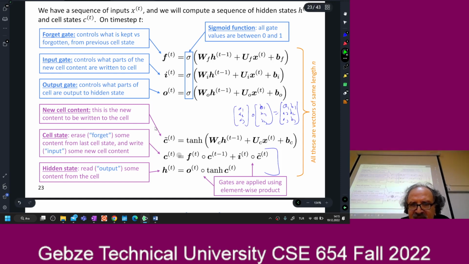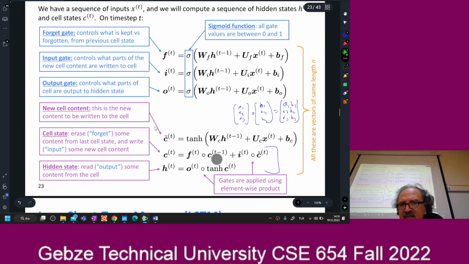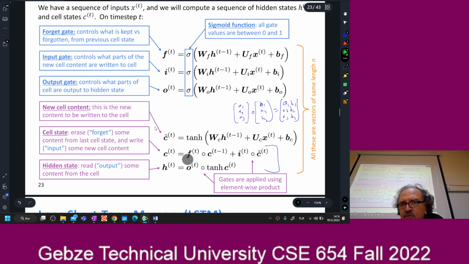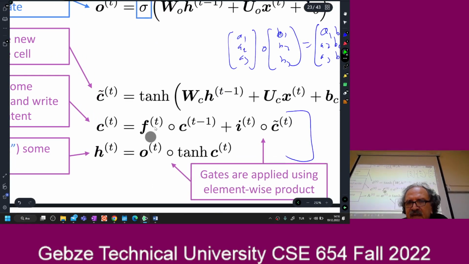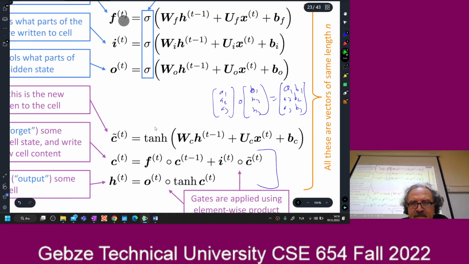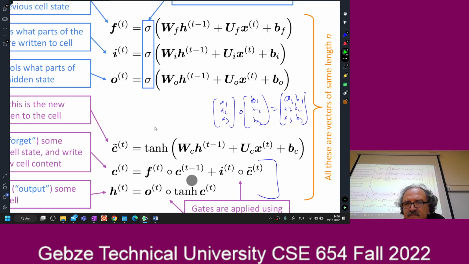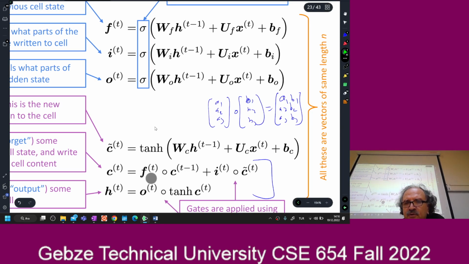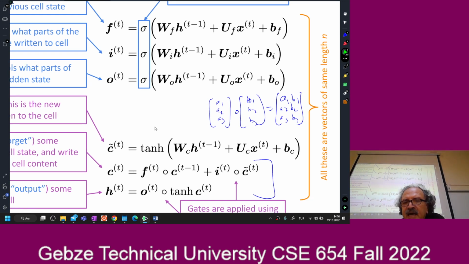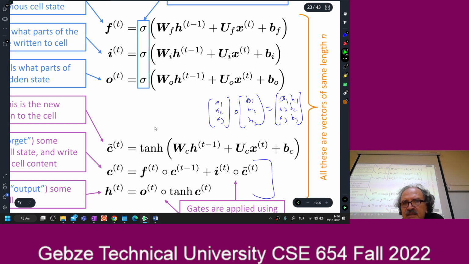And this is the cell state. What it does? Get the previous cell state. Forget what you want to forget. Okay, this is FT times CT-1, and this is IT times the new cell content. Get your previous cell state, forget whatever you want to forget, whatever you calculated to forget, and add the current one.